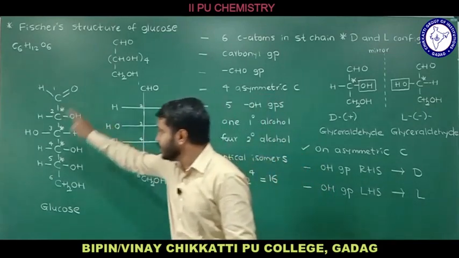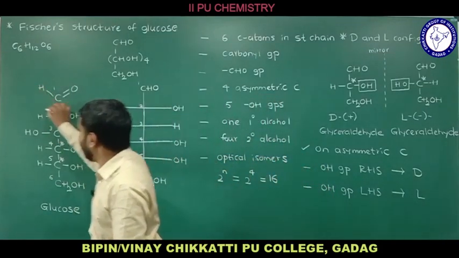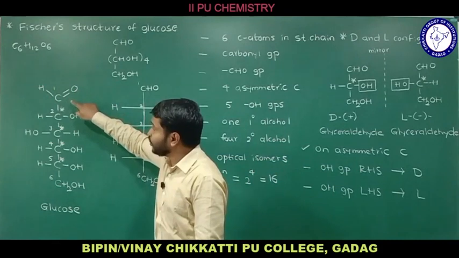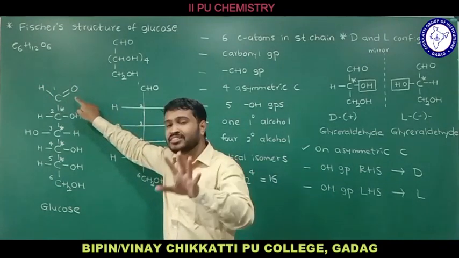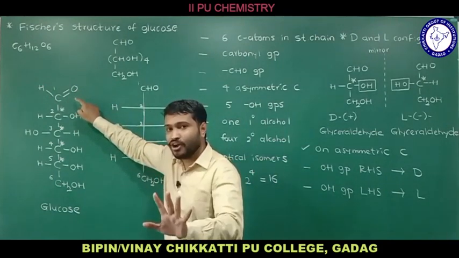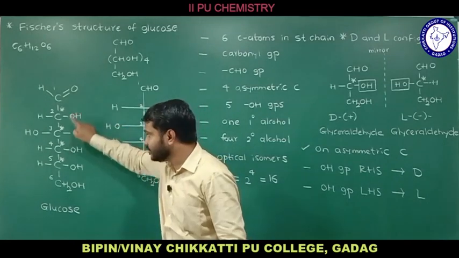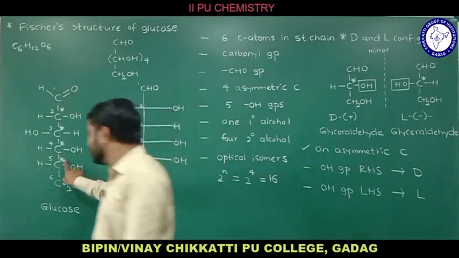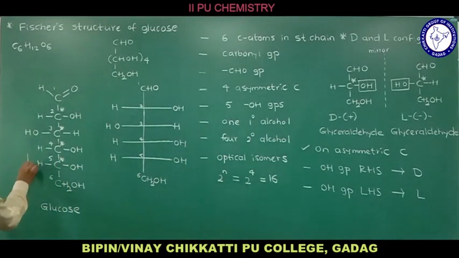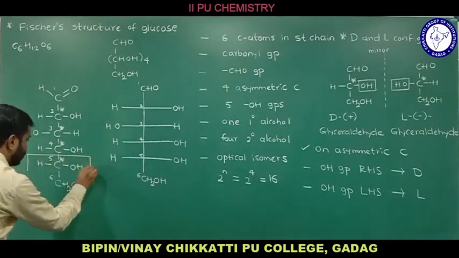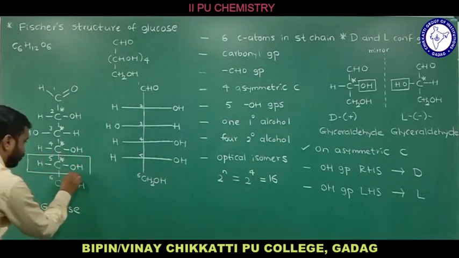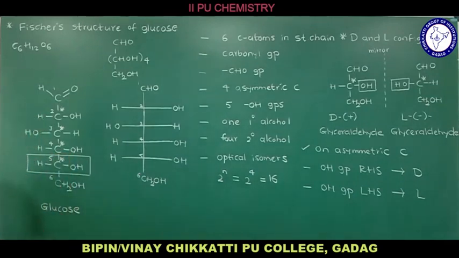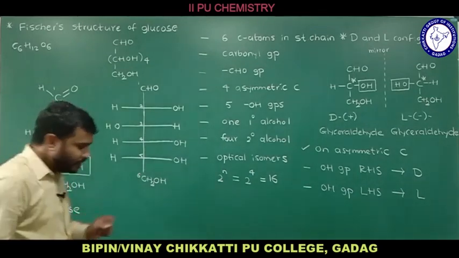See here, in this glucose the functional group is aldehyde. So with respect to the aldehyde functional group, which asymmetric carbon is far away or at most distance? This asymmetric carbon is at the most distance here, and therefore carbon number 5 you need to consider. So this is the one additional rule you need to see. Let me repeat that.